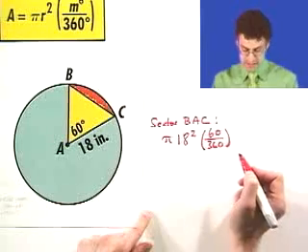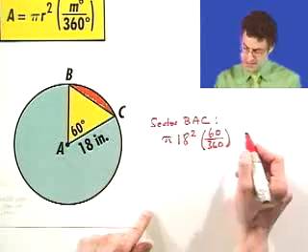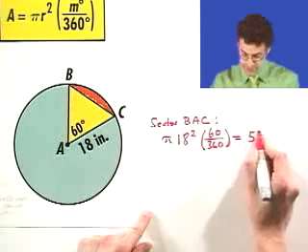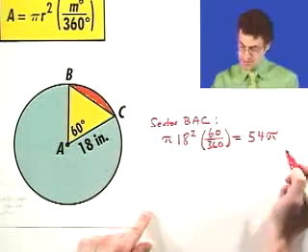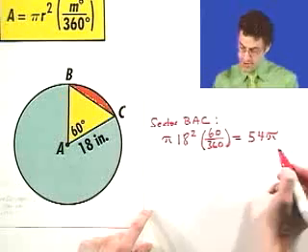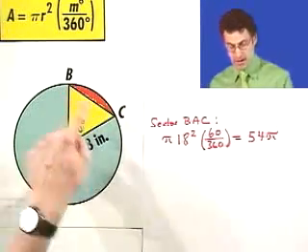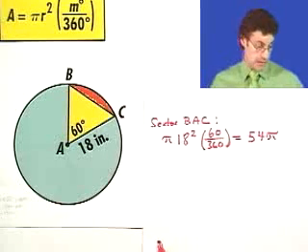So that's 1/6. And so this is going to be equal to 54 pi when we simplify that down. Okay, great. But now what I've got to do is subtract off the area of that yellow triangle. Aha.